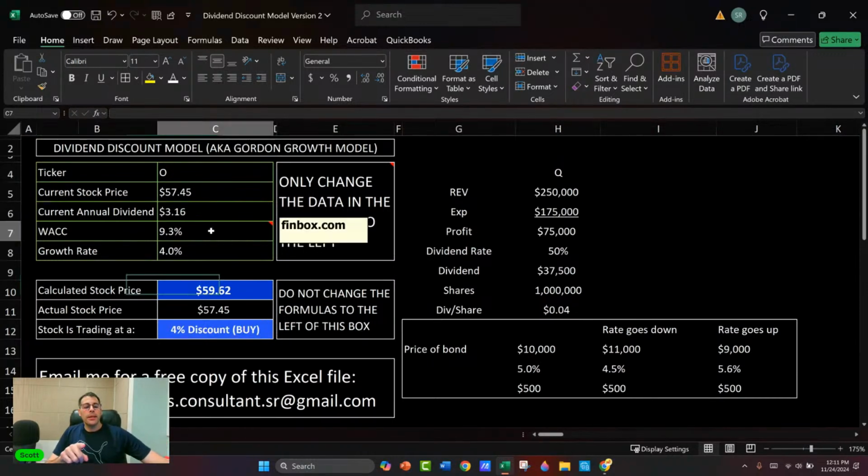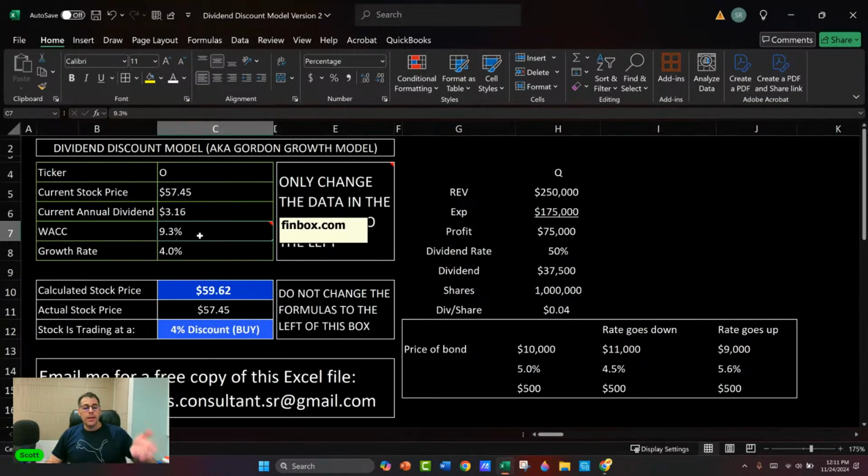But what you could do is, if you wanted to analyze this stock, Realty Income, and we know the stock price, you know their current dividend, and you know what the market says their WACC is and the growth rate is. But if you were concerned, like Ed's saying, that there might be competition, maybe they might close stores down, then you adjust the WACC.